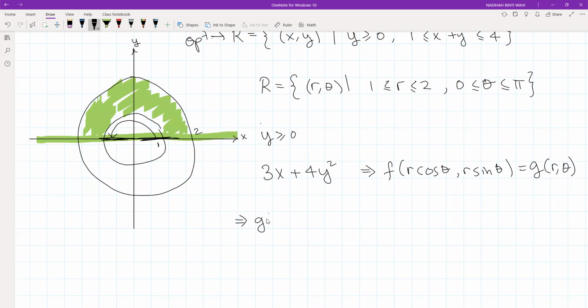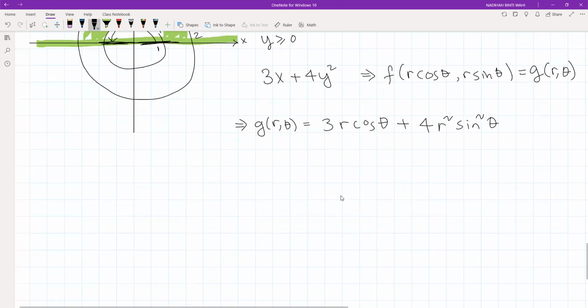So g of r and theta will be 3r cosine theta plus 4r squared sine squared theta. So you just replace the formula for x into r and theta, just that.